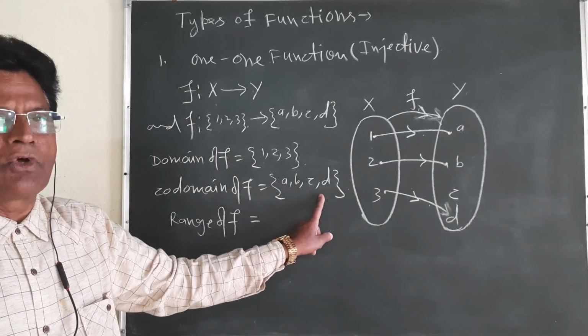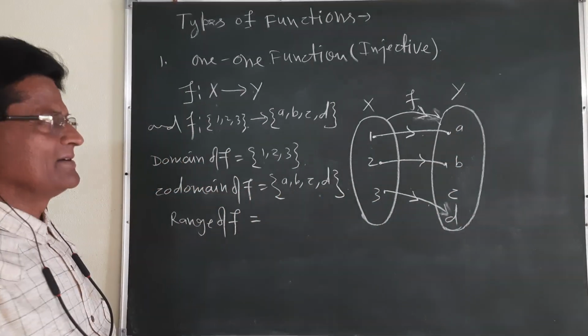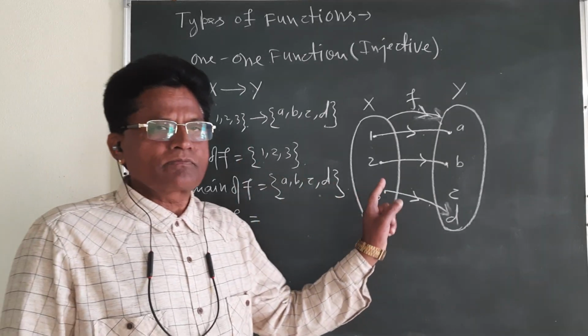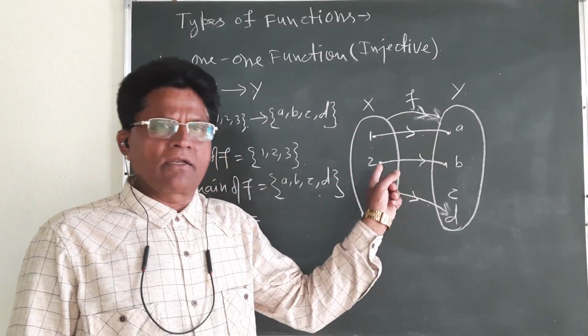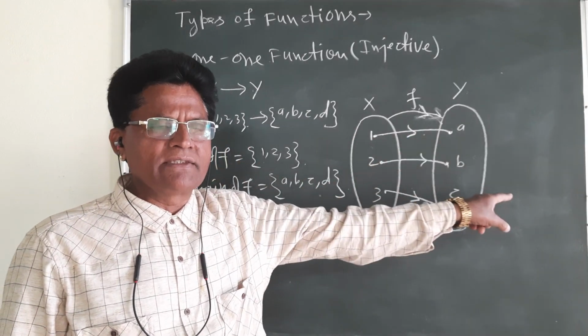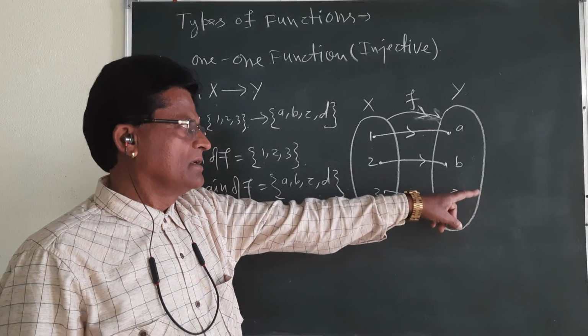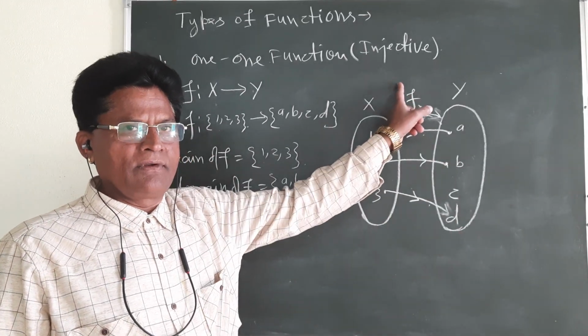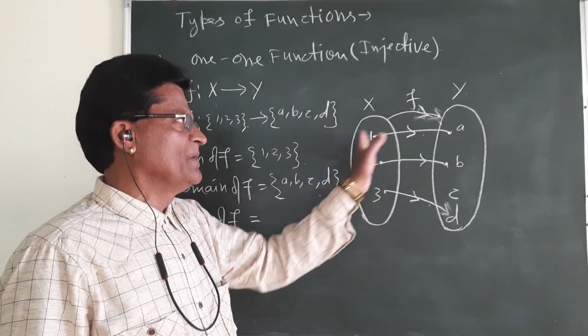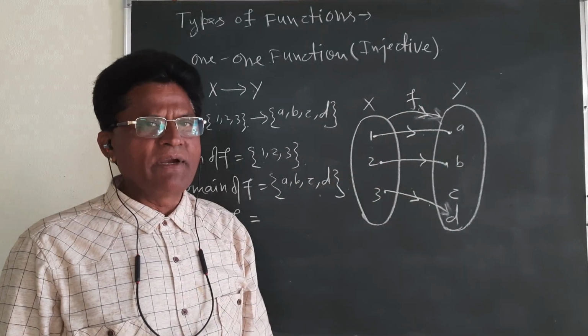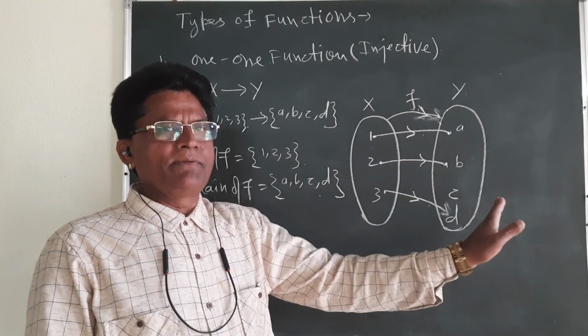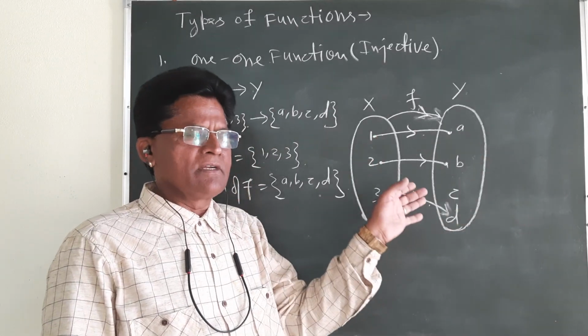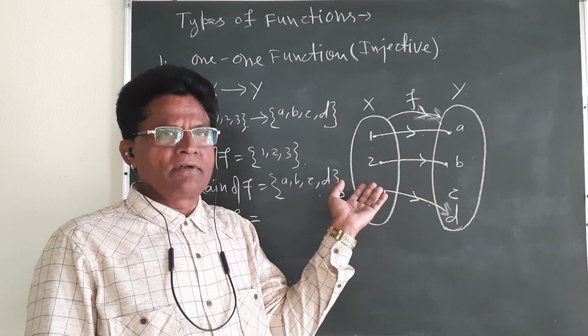Already I have written the codomain. Range: you have seen different elements of X forming images with elements of Y under f. Let me take the elements of Y which have the image of some element of X.